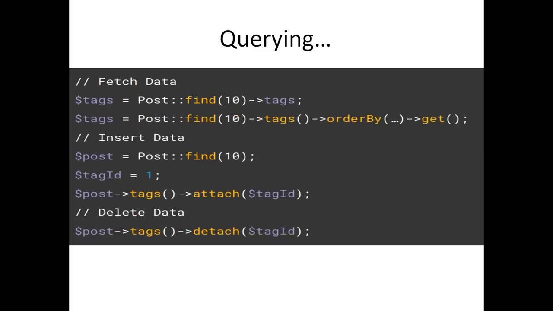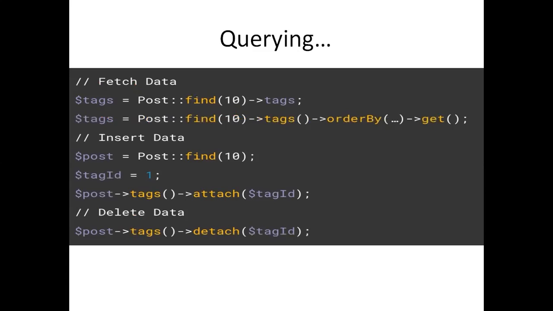Let me just create some tag. One thing is that you should create the tag by yourself. Here we are not creating the tag, it is already there. I'm just attaching one tag to one post, so that is why we are calling the attach function. We are not inserting into the tag table.